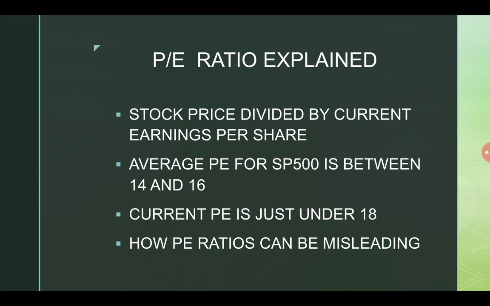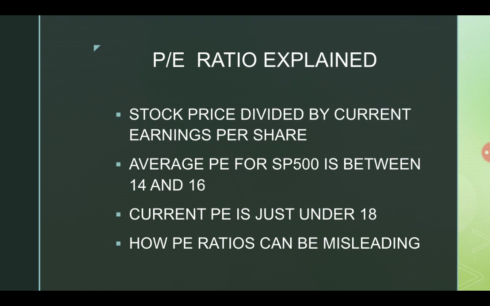I'm going to explain the PE ratio for those who don't really know. The PE ratio is basically the stock price divided by the current earnings per share. So it's just a multiple of the current or forward earnings per share. The average PE for the S&P 500 is between 14 and 16.